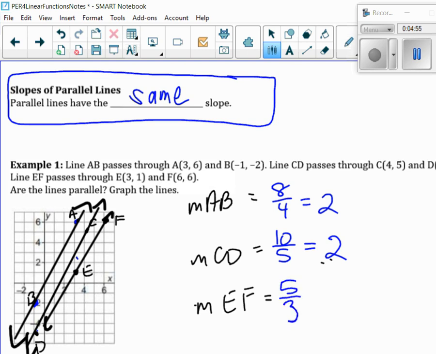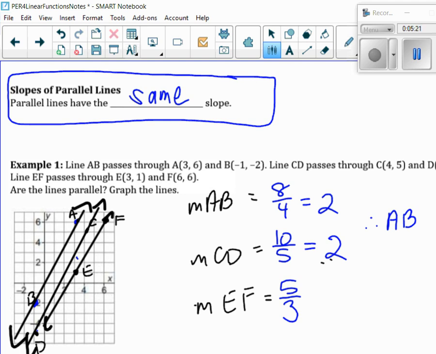Is that what you got? So what could I conclude here? Therefore, have you seen that symbol before? Therefore? Oh, good. Where'd you see it before? Okay, there you go. Does anybody know the parallel symbol?